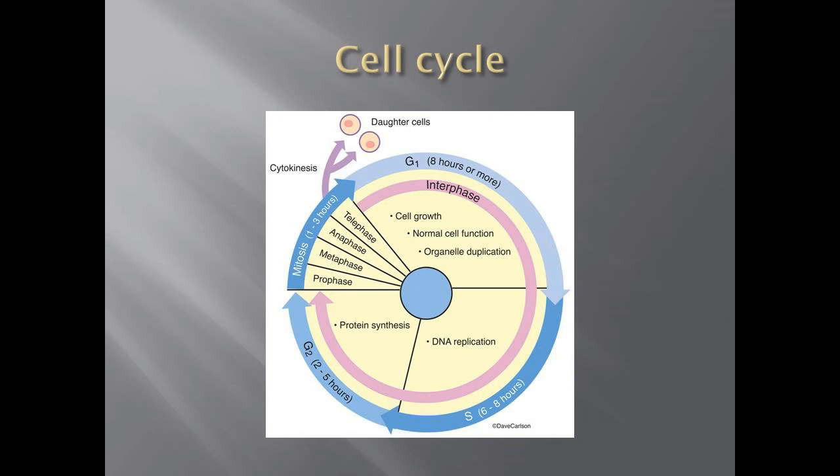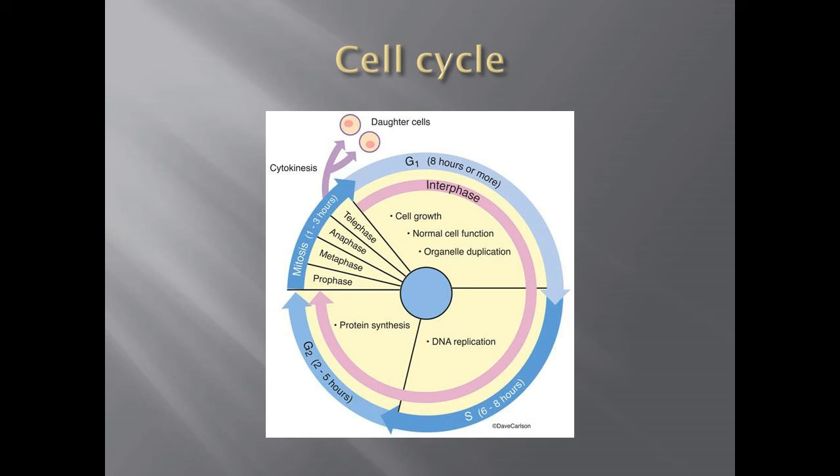DNA replication means the division of DNA into its copies. In G1 phase you will have 2 in number of chromosomes, and in the S phase it will get doubled, and the same with DNA: you will have 1 copy and that will get doubled into 2 copies in the S phase.